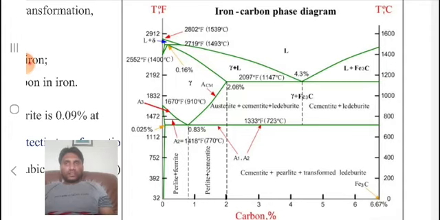For hypoeutectic steels in the heat treatment process, we will heat to a minimum of 50 degrees centigrade above the A3 line, or minimum 50 degrees above the ACM line for hypereutectic steels in annealing. All these things we will be discussing in another video session on heat treatment processes.